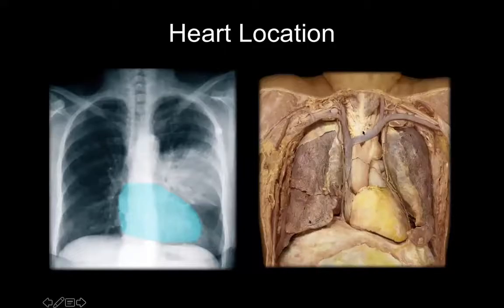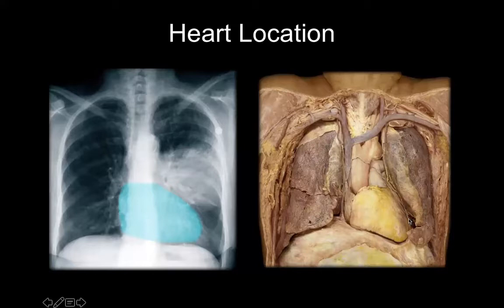So the heart. If you see the heart, it is basically nested between the lungs. You can see it in here. This is the heart, and these are the lungs in which it is nested.